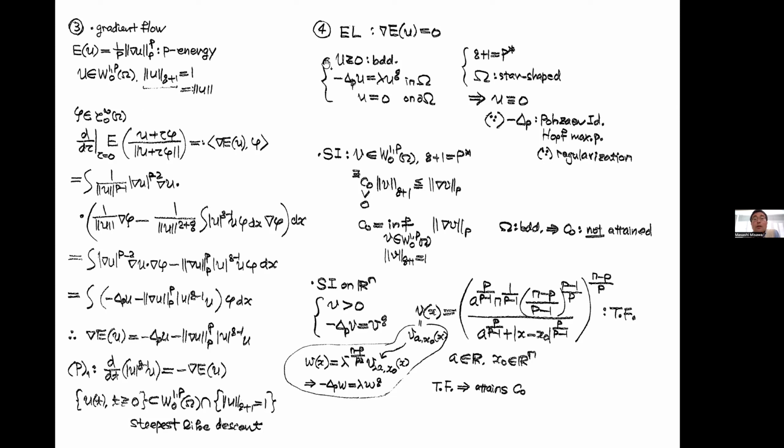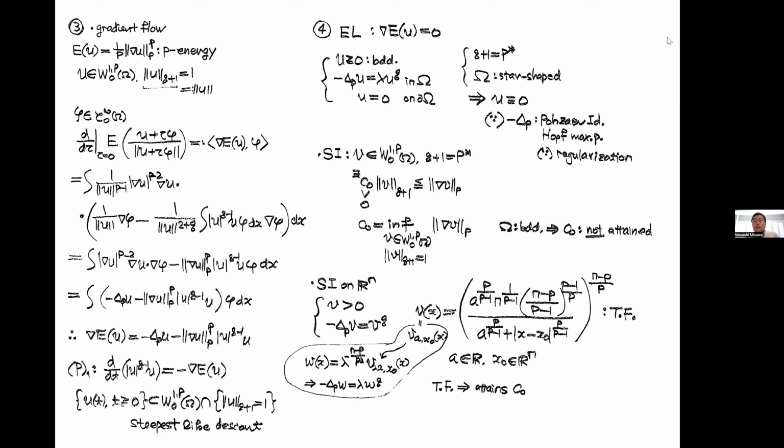And lastly, I want to look at the Euler-Lagrange equation. Now we consider a non-negative and bounded weak solution of this elliptic type equation. This is the Euler-Lagrange equation, with boundary value 0.